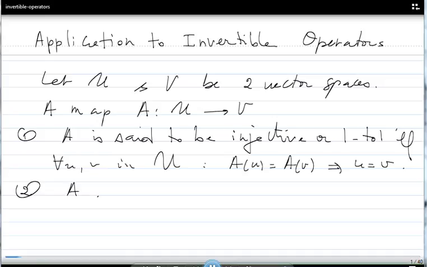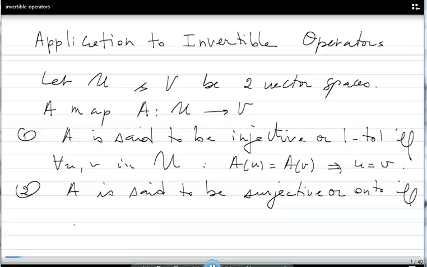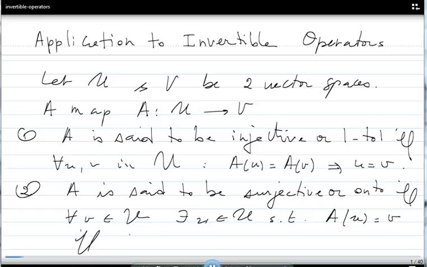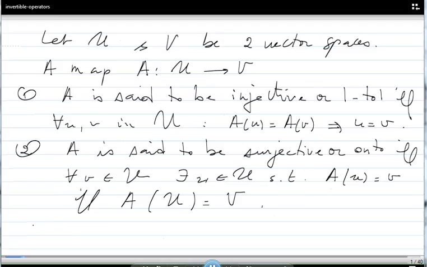Two, A is said to be surjective or onto if and only if for every v in V, there exists a u in U such that A of u is equal to v, if and only if the image set of U is equal to V. Okay?